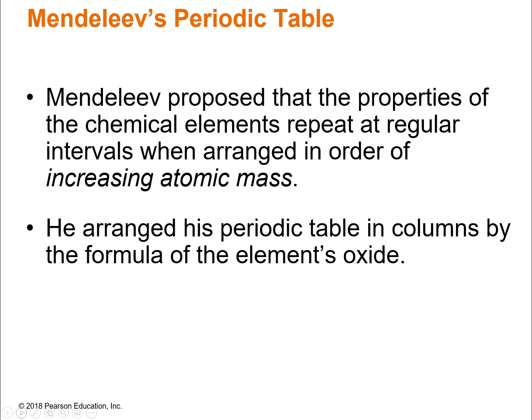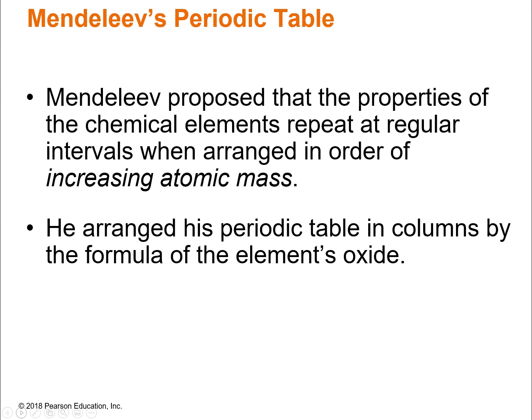So if you remember from chapter 4, you've got Dalton and his atomic theory. You've got J.J. Thomson. You've got Rutherford, Bohr, all these people working on the structure of the atom at the same time that we've got people trying to organize the elements in a way that makes sense and gives some trends for chemical and physical properties.